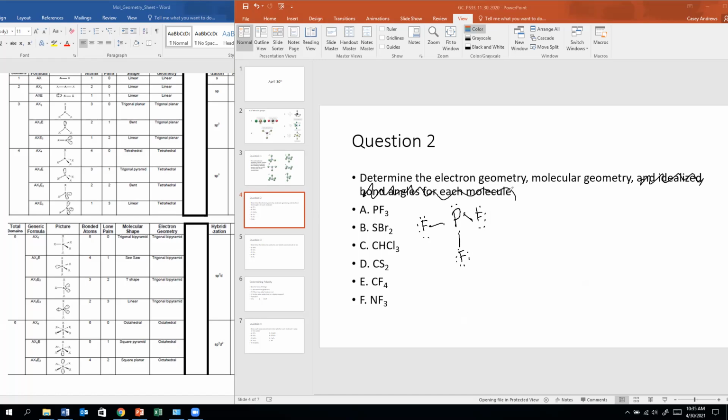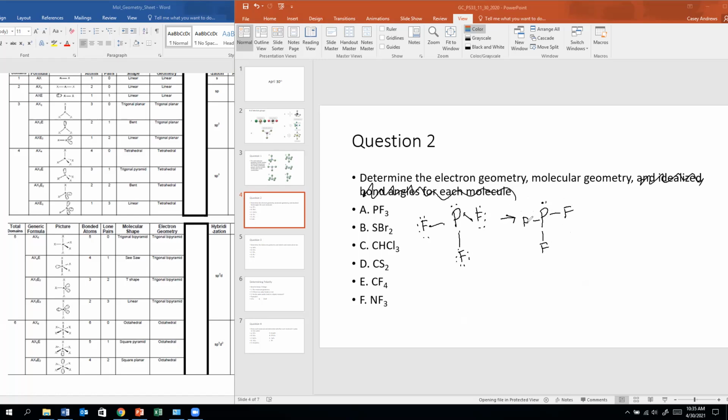Complete Lewis structure. So hopefully that's not a shock at this point for people. All right. So when doing this, all we care about is the center atom. So I'm not going to draw all the electrons around fluorine just to save some time.